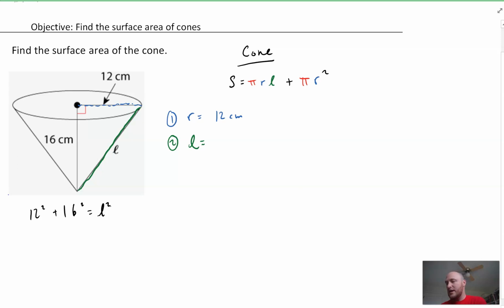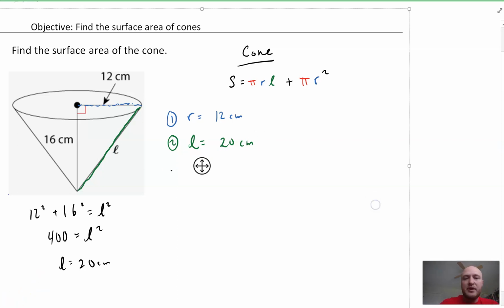I'll utilize my calculator. That gives us 400 is equal to L squared, and the square root of 400 is 20. So L is equal to 20 centimeters.